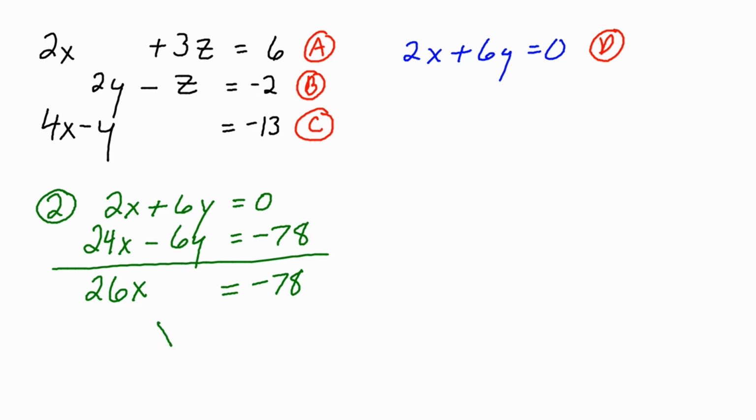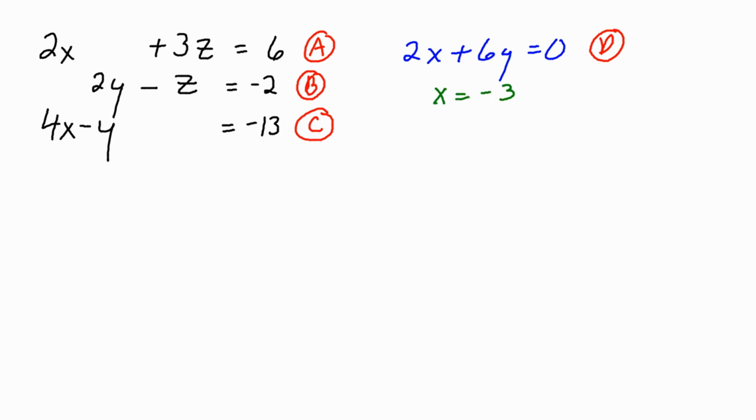Divide both sides by 26. X equals negative 3. I can use equation A, C, or D to find my other variables. Using equation A, I'm going to replace x with negative 3.